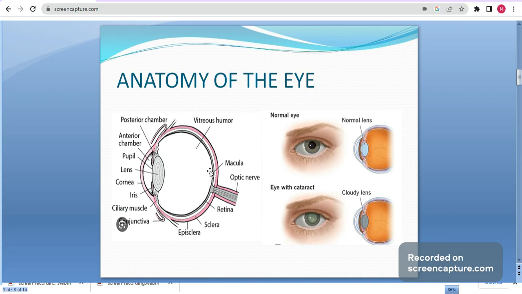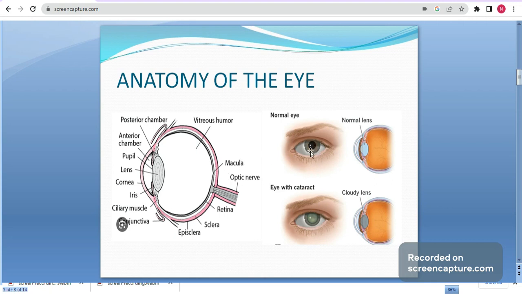In this way the person can see. But with aging or because of various factors, there can be deposition of proteins on the lens, and the lens will become whitish and opaque, so the light will not travel properly and fails to form an image on the retina. So there is blurred vision.